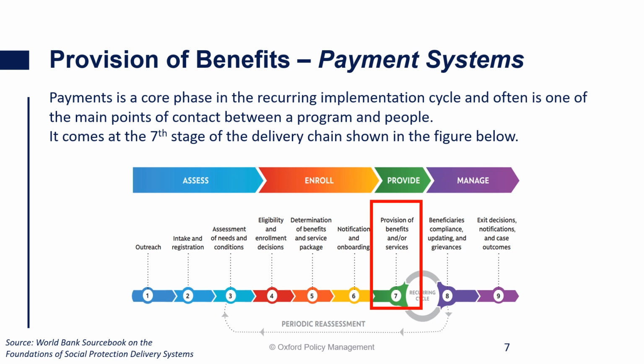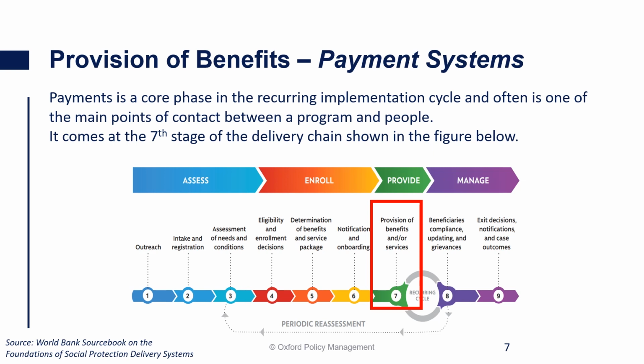And as you can see, we discussed these four pillars earlier: the pillar of assessment, enrollment, then provision of services and benefits, and then management. Within the pillar of provision, how the payment mechanism is rolled out is of critical importance.